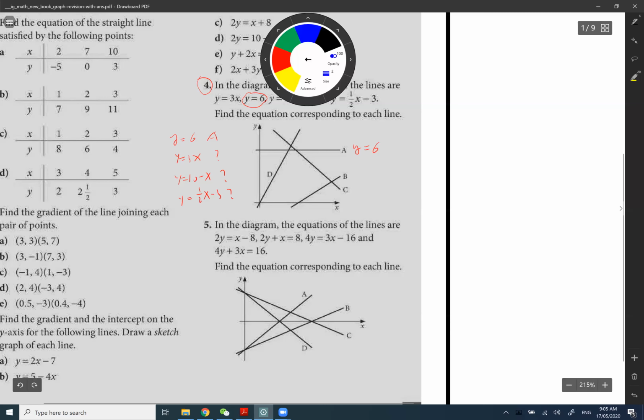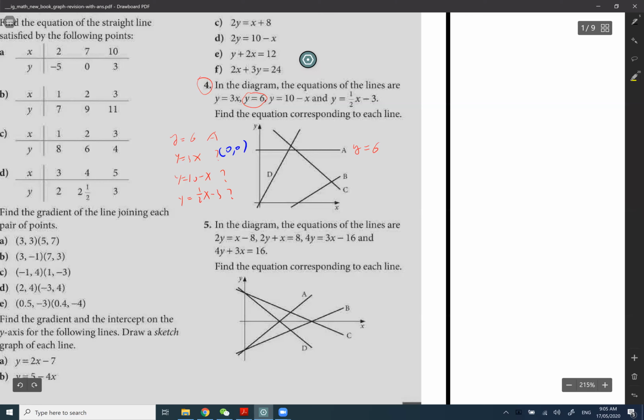If you check a point, x equals 0, y also 0. So y equals 3x passes through the origin. In the whole diagram here, D passes through the origin. So we choose D, and the gradient is positive. So this one we choose D.